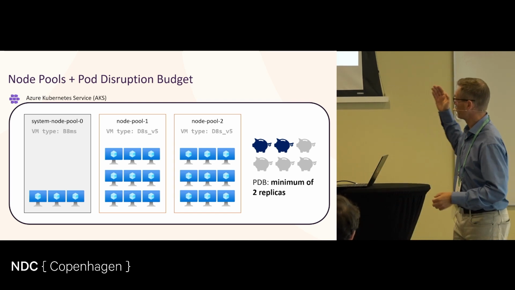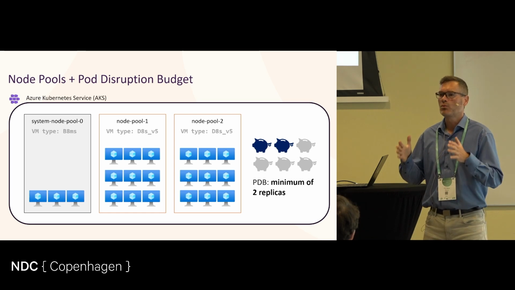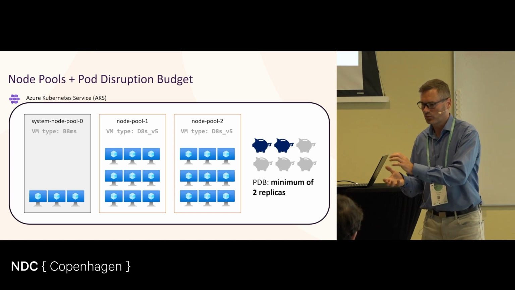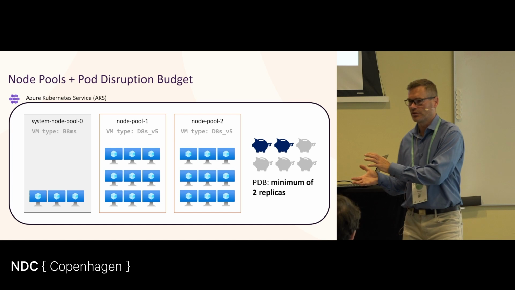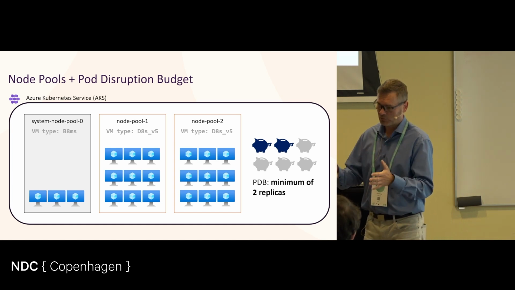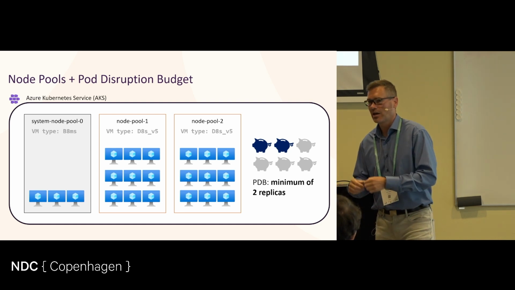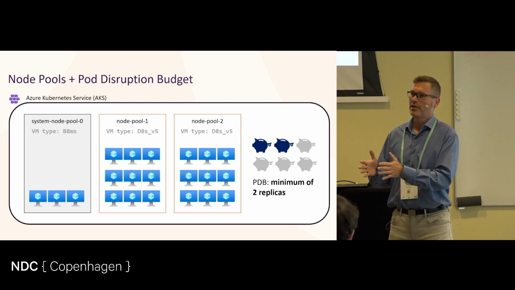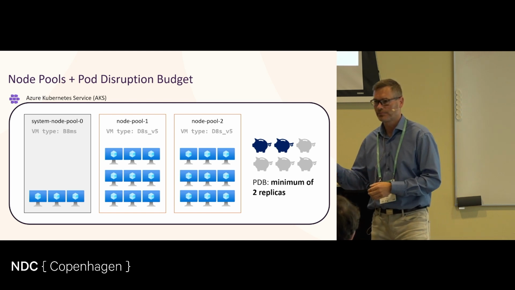But with pod disruption budgets, you can say, okay, I always want to run, for example, 2 instances of this config server. That's your disruption budget, and it won't proceed if those applications fail, for example.